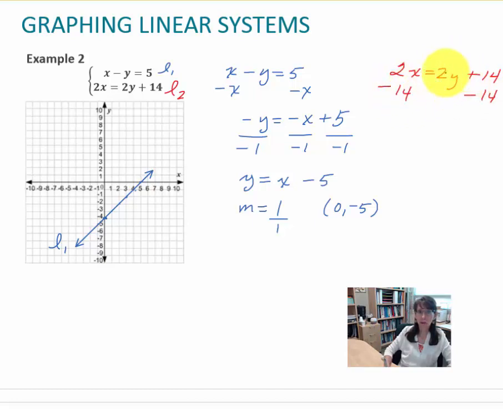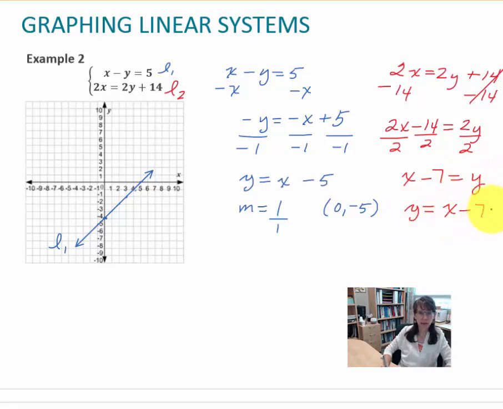That way I'll get the term with y isolated. So I have 2x minus 14 equals 2y. I'll need to divide every term by 2. So that means x minus 7 equals y. So putting that in order that we're more comfortable with, y is equal to x minus 7.